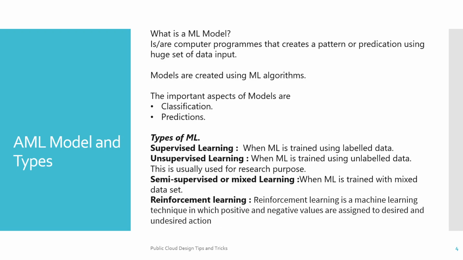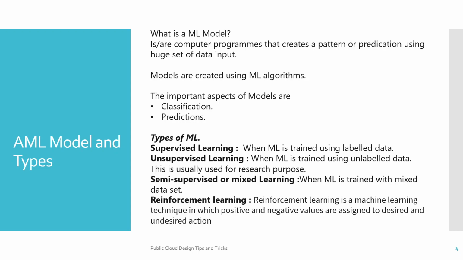Now, a little bit on what a model is and what different ML types are available. You can think of a model as a program that creates different data patterns, or predicts something using a huge set of data as an input. And models are created using different ML algorithms. So there are different algorithms used within a machine learning model.